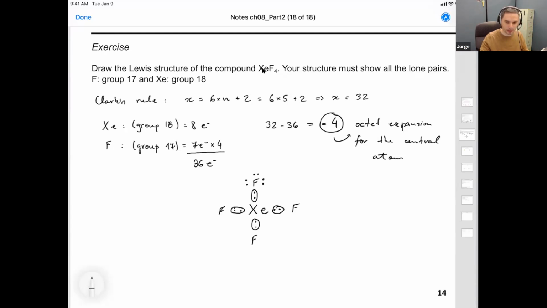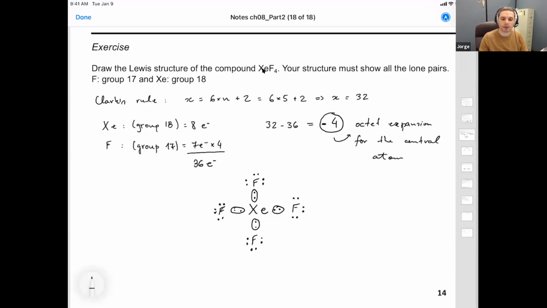Okay, so let's do that for all the other fluorines. So 8, and then 8, and then 8 for the last one as well.